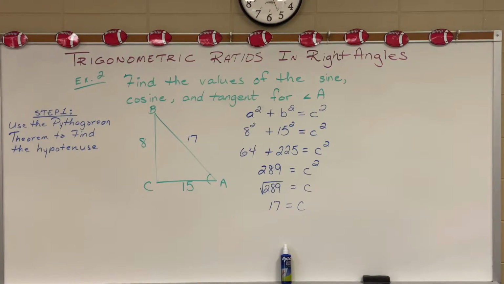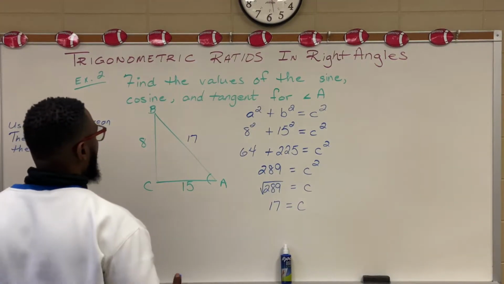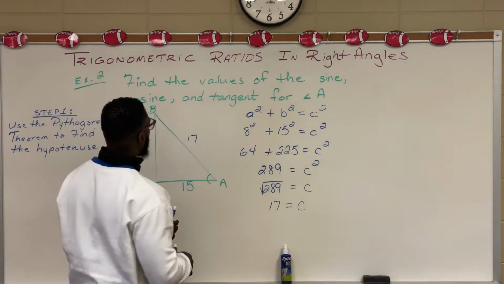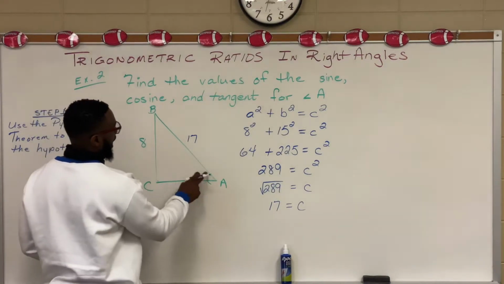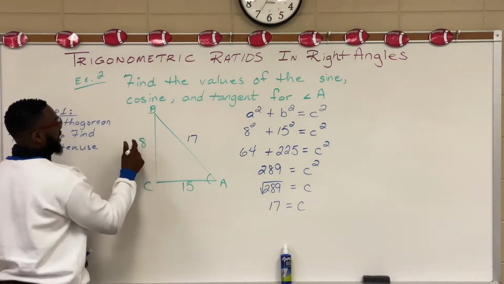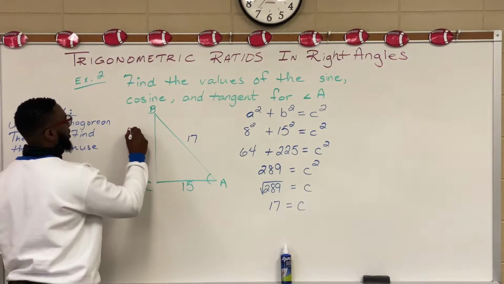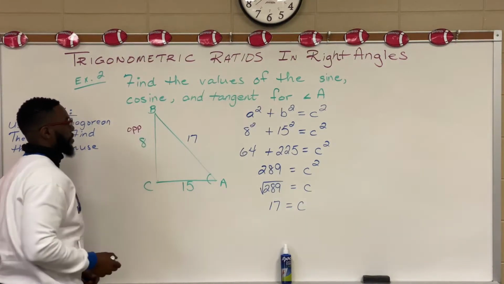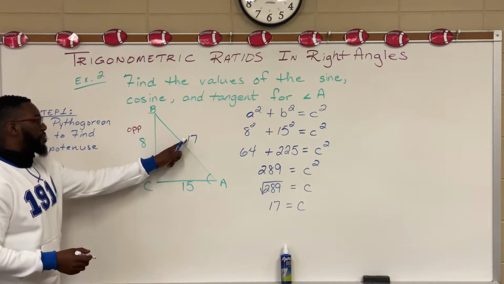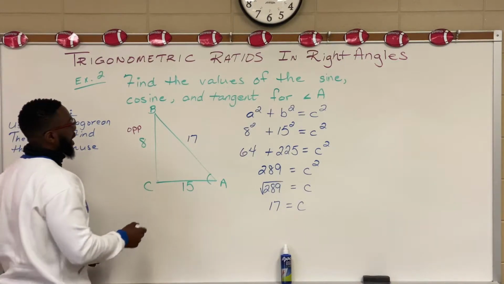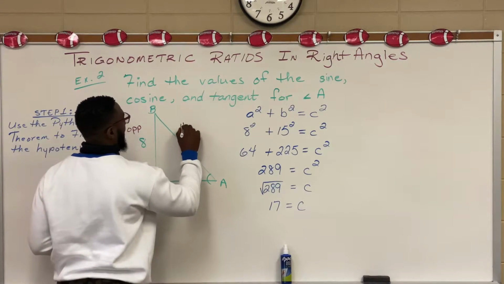Once we find side C, we label the sides. Since we're dealing with angle A, 8 is side opposite, which makes 17 the longest side, hypotenuse.